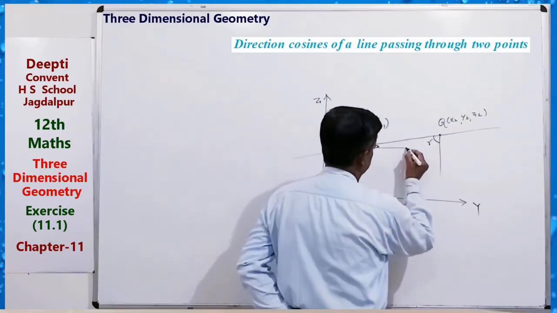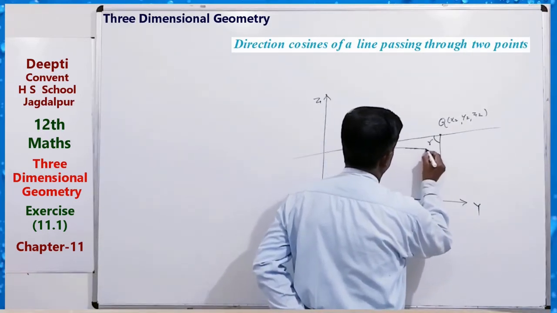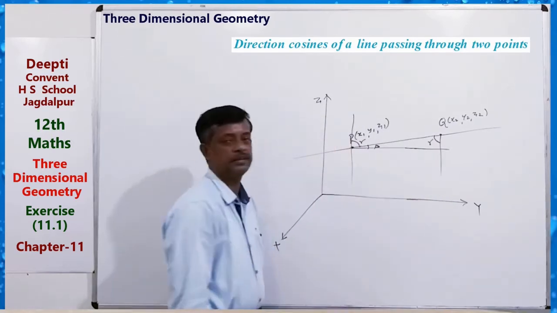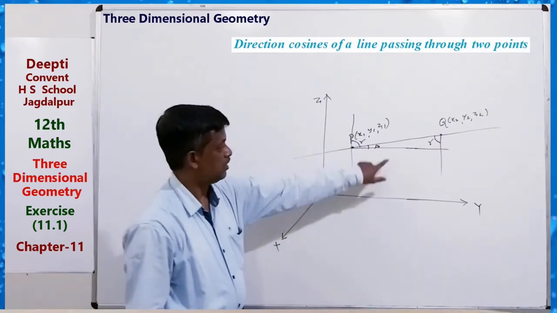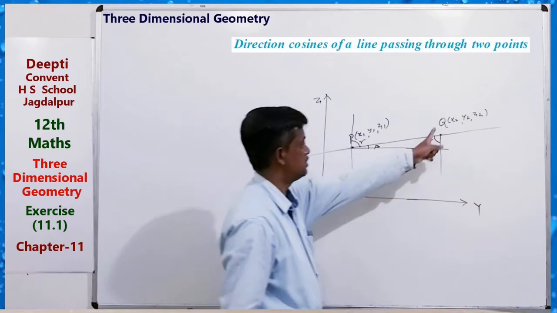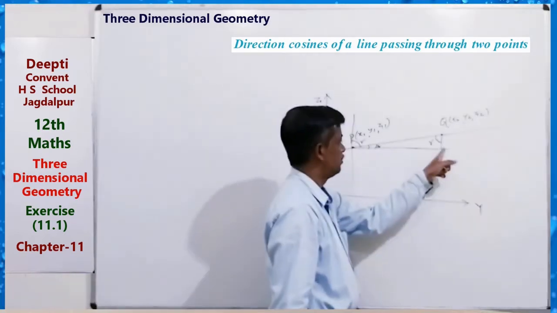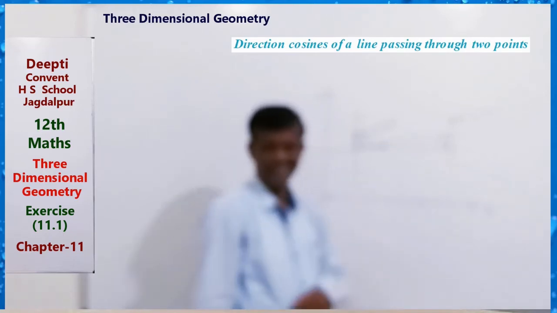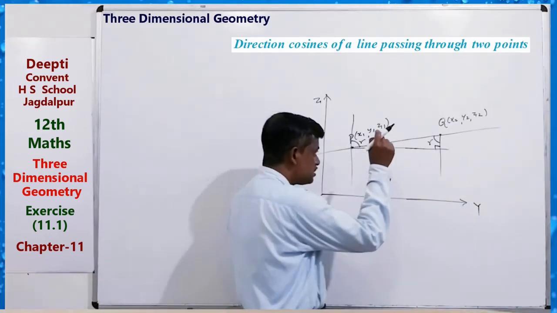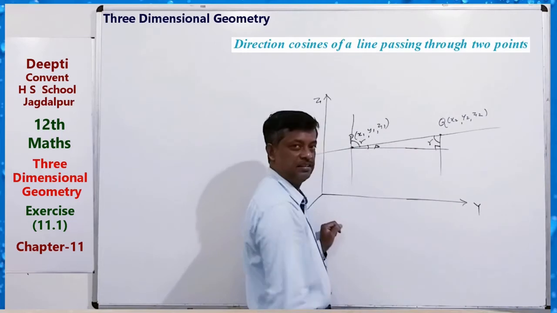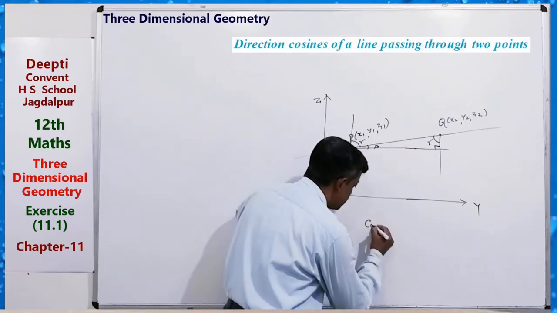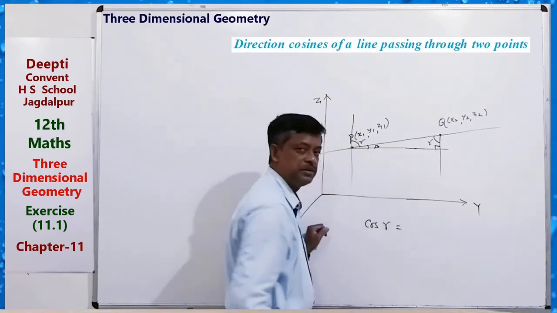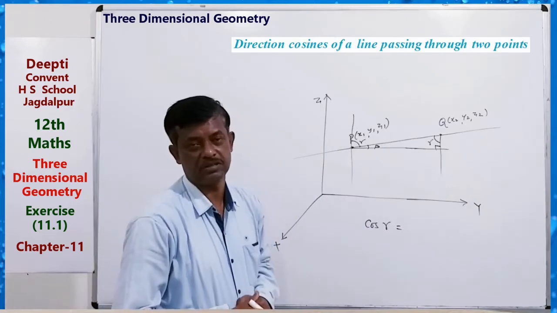Now this is parallel to this, and this line is parallel to this. So that means this is 90 degrees. In this triangle, we can write cos gamma equals base by hypotenuse.